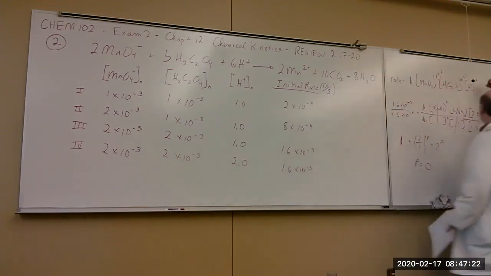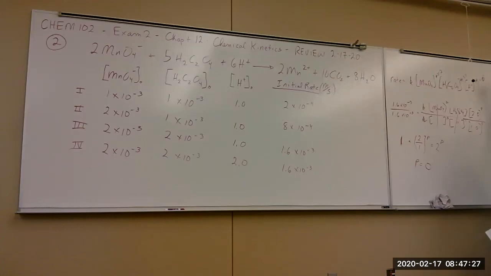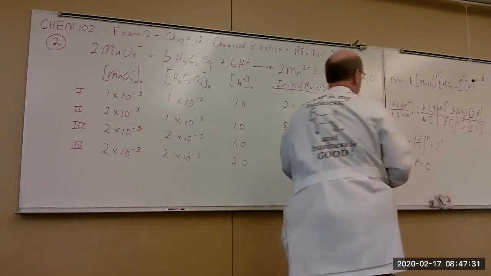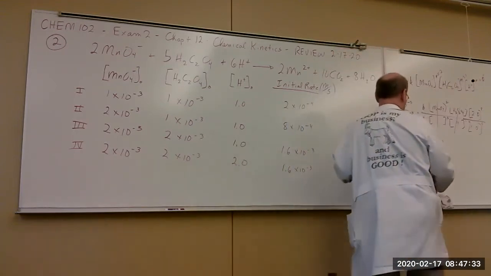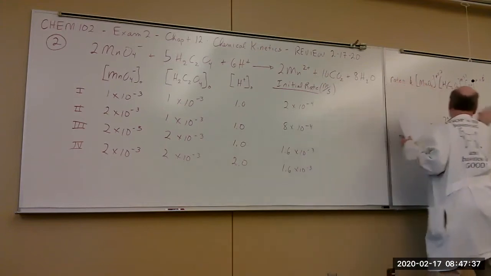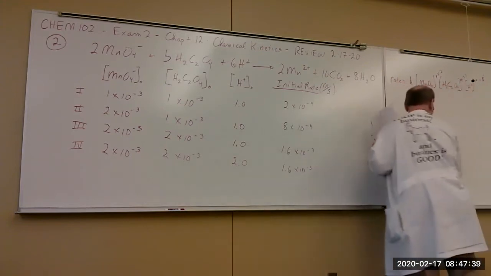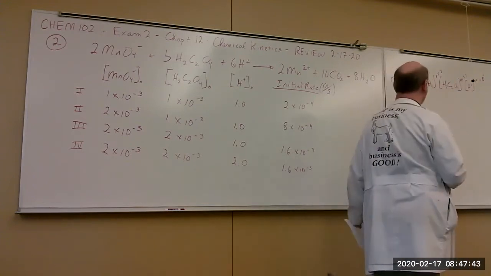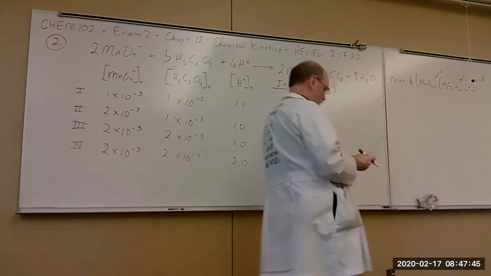So now we know that. Now we have that much. What are we missing? We're missing K. We don't have the rate constant yet. But how do we get the rate constant?